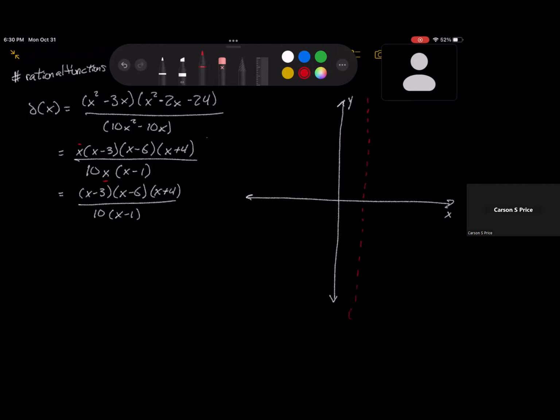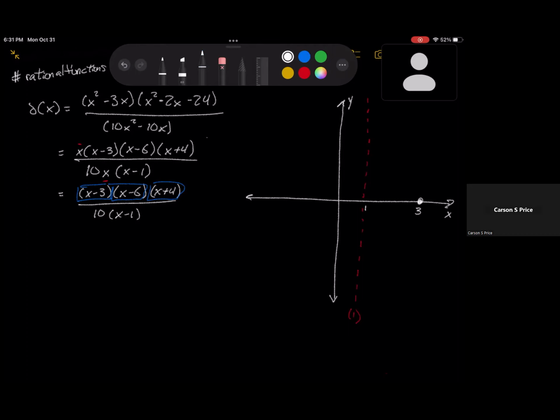All right, and I'm going to put a little 1 right there in parentheses to denote that this factor occurs once. It has multiplicity 1, and we know that the evenness or oddness of the multiplicities is going to affect the shape of the graph. So what else do I know from looking at this factored form of the function? I know from these factors that my function is going to experience zeros at 3, at 6.